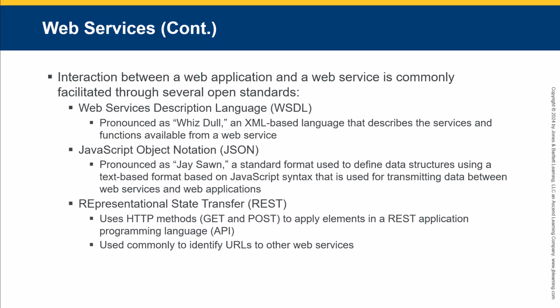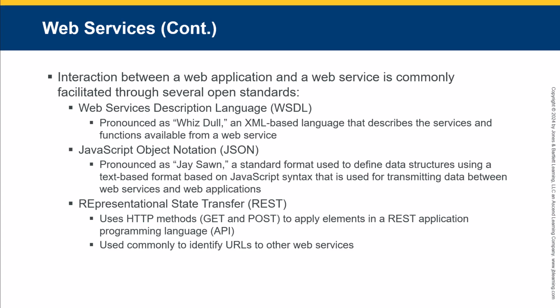Interactions between a web app and a web service are commonly facilitated through other areas as well. So you have the Web Services Description Language, WSDL, which is an XML-based language that describes the services and functions available from the web service.